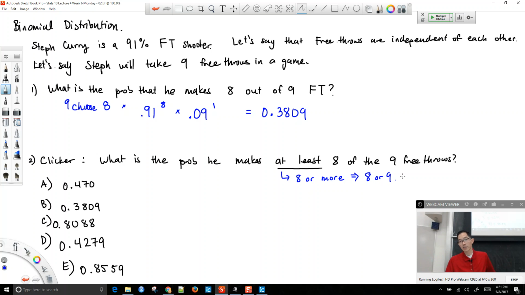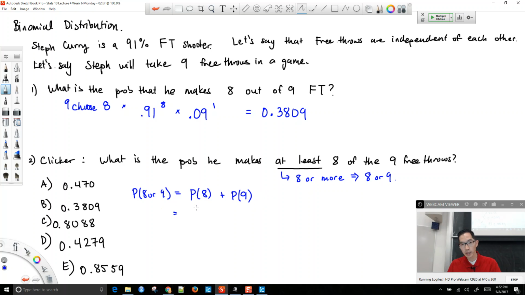So what we're going to do is the probability of 8 or 9 is equal to the probability of 8 plus the probability of 9. And is there any overlap I have to subtract off? No, because if he makes 8 out of the 9 free throws, he cannot at the same time also have made 9 out of the 9 free throws. So there's no overlap for us to subtract off.